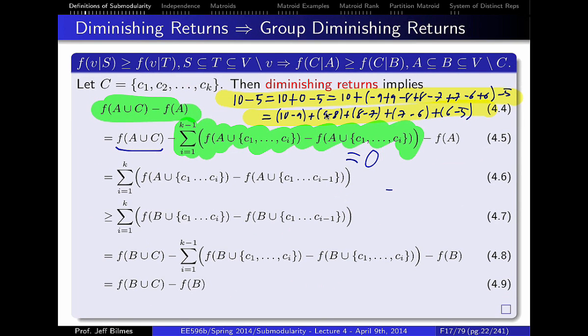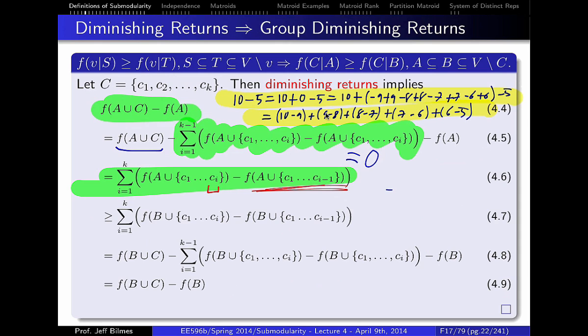And that basically gives us this. But now notice that this is essentially a gain form. This is like the value of Ci. This is the one guy that's different. So that guy Ci is there, but he doesn't live anywhere here. So it's like the value of Ci in the context of A union C1 through Ci minus 1.